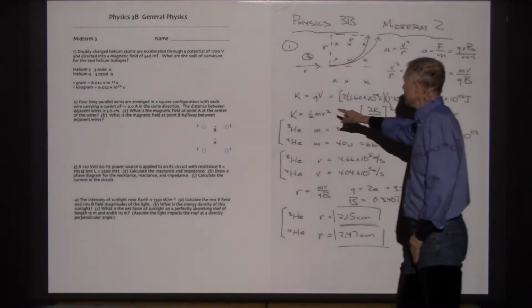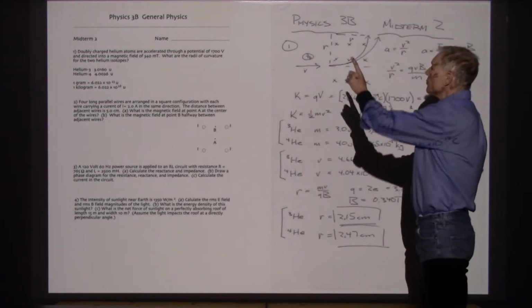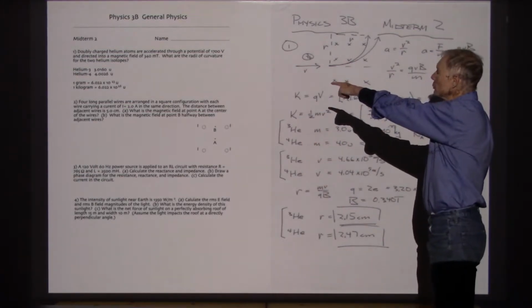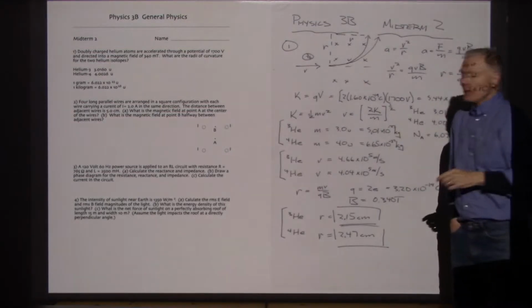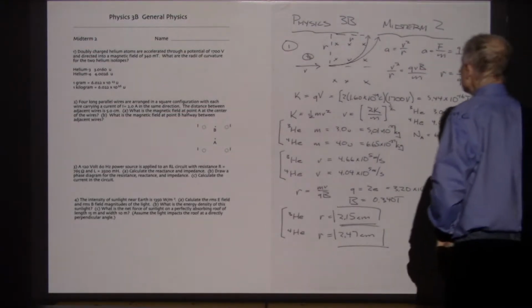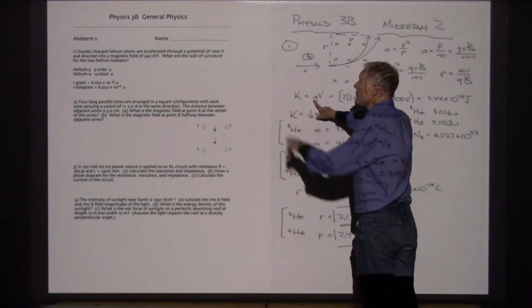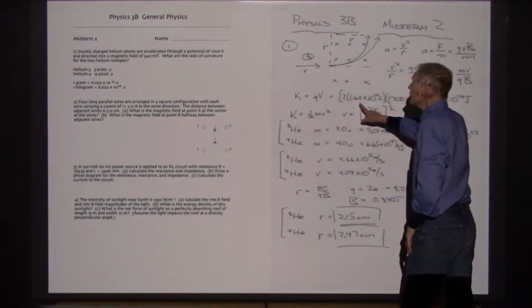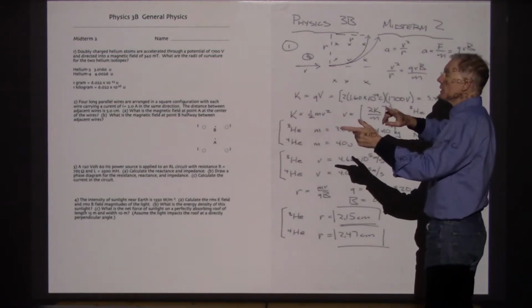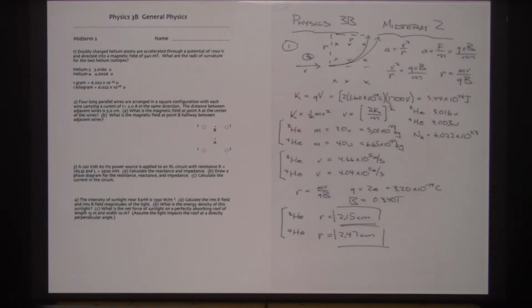Now, the kinetic energy that the particle is going to come in with, notice this is in terms of 1700 volts. So if I'm accelerating this using 1700 volts, what we can do is take the charge of the helium nuclei coming in. Now, whether it's helium-3 or helium-4, they're both doubly charged.